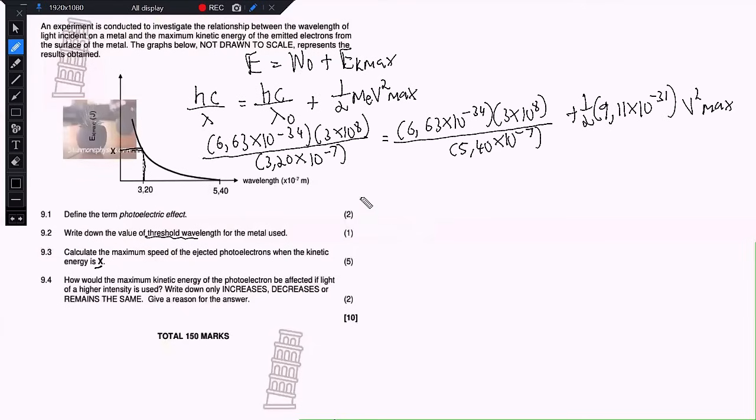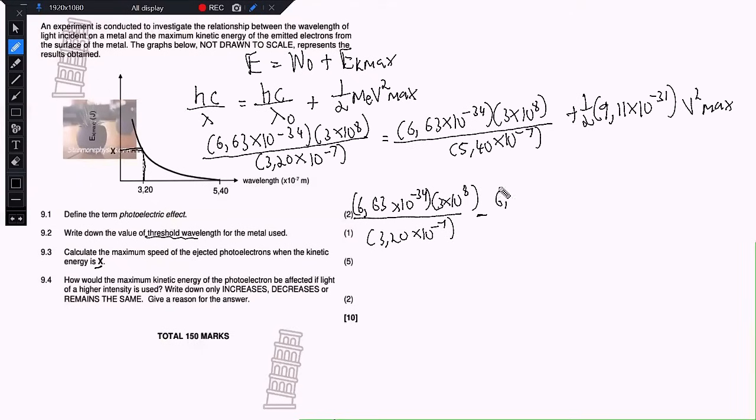So this is 6.63 times 10 to the exponent of negative 34, and then times 3 times 10 to the exponent of 8, and then 3.20 times 10 to the exponent of negative 7 minus this here.